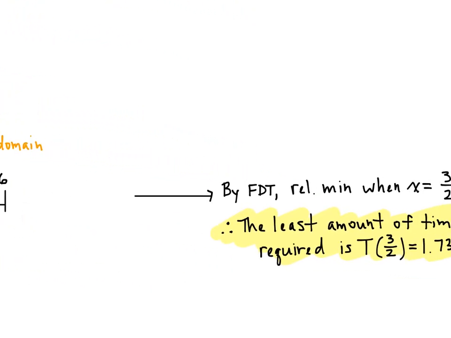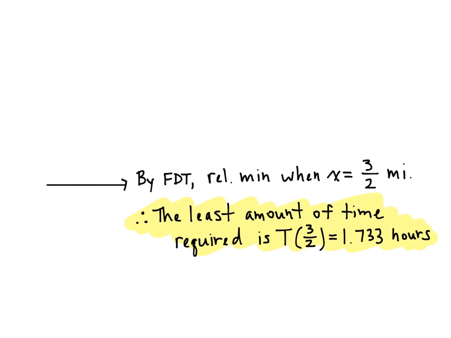All right, so by the first derivative test, we have a relative minimum when x equals 3/2 miles, so the least amount of time required to get home is going to be when we plug 3/2 into our t function, and we get about 1.733 hours.